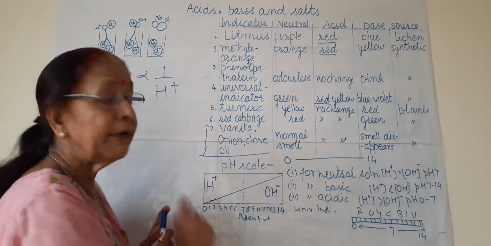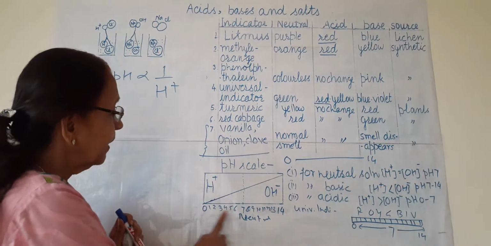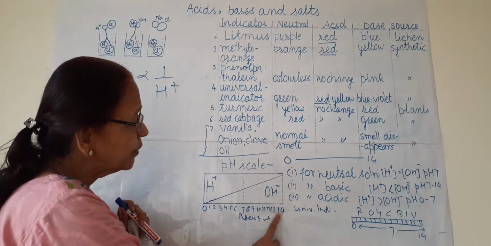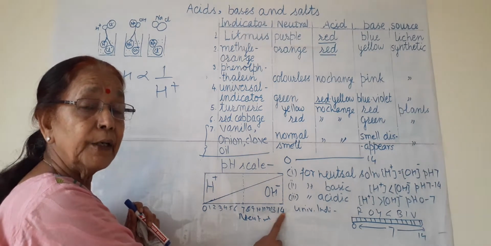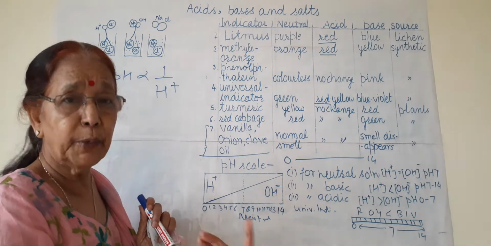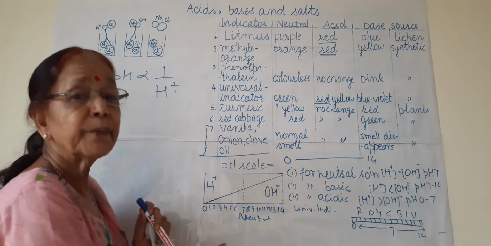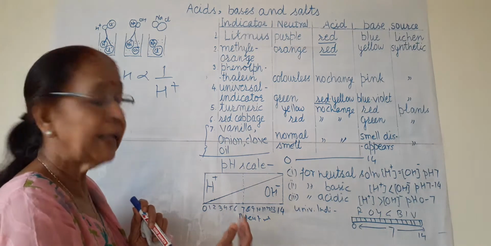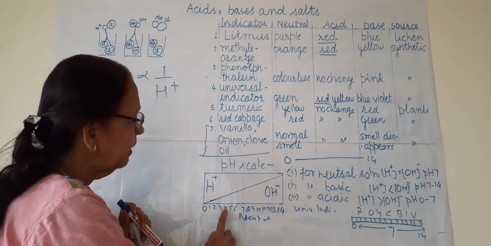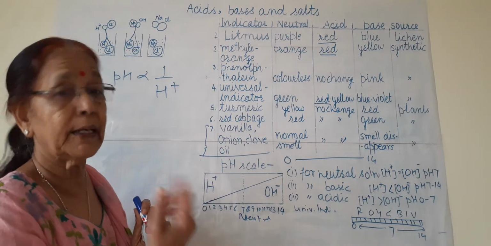From 0 to 7 they are acids. And the strongest acid has pH 0 or 1 and the strongest base has pH 13 or 14. The strongest bases are sodium hydroxide and potassium hydroxide, and the strongest acids are hydrochloric, sulfuric, and nitric acids. Weaker acids are somewhere around 4, 5, 6, like acetic acid or carbonic acid.